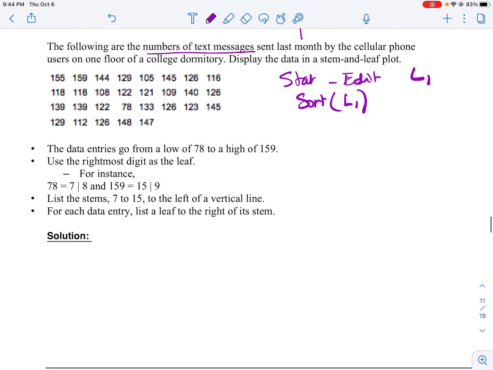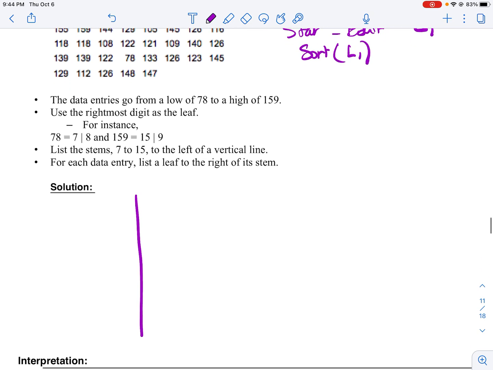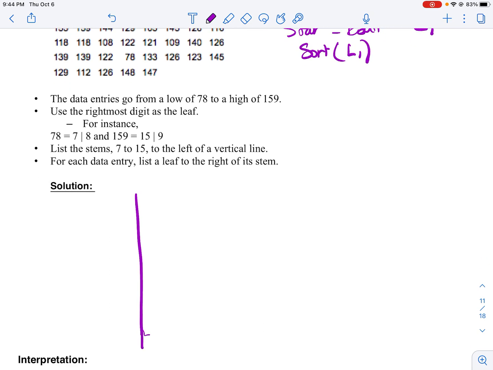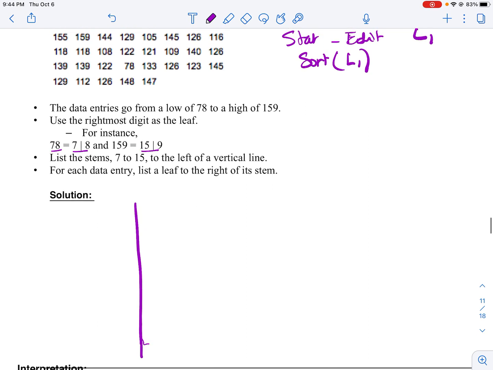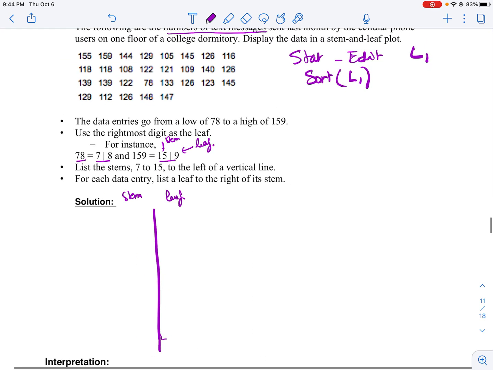And once we sort the data, we can start getting our stem and leaf plot. Notice they told you 78 should be 78, 159 should be 59. So this should be the stem, and this should be the leaf. Stem and leaf. Stem and leaf. And we ought to be able to comment on the shape of the data.